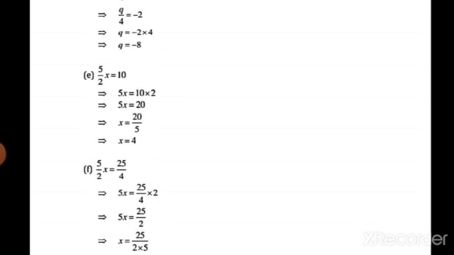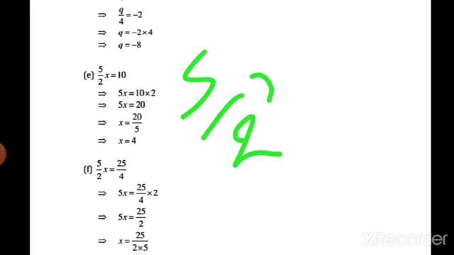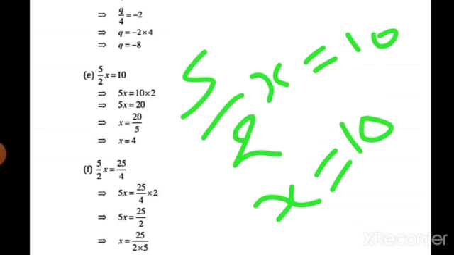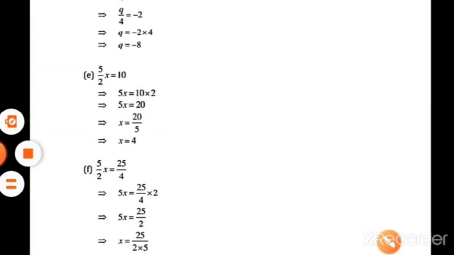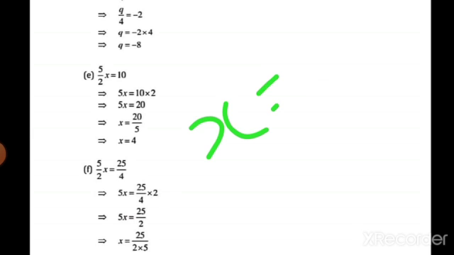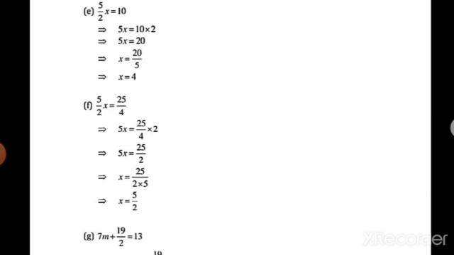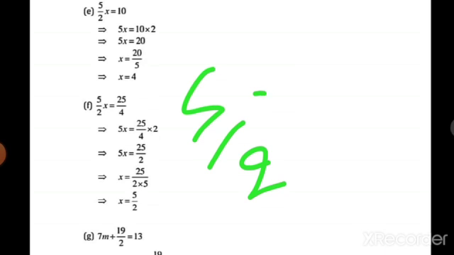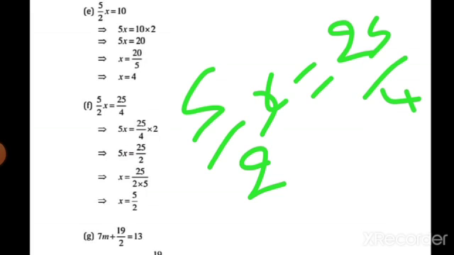Then 5 upon 2x is equal to 10. So x is equal to 10 multiplied by 2, that is 20 upon 5, that is x is equal to 4. Then 5 by 2, x is equal to 25 by 4.